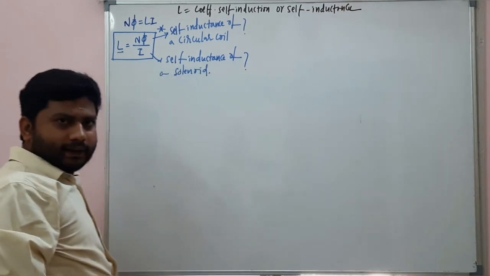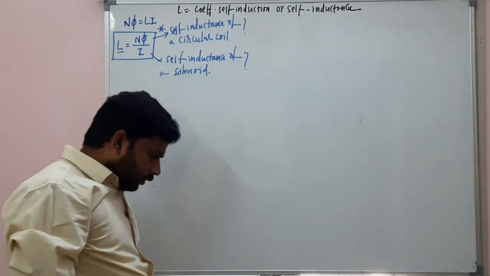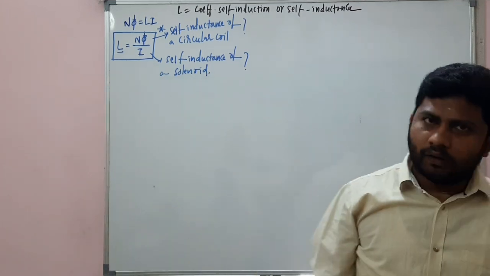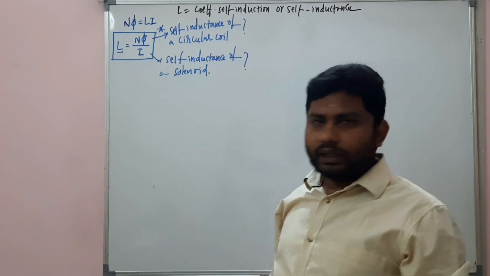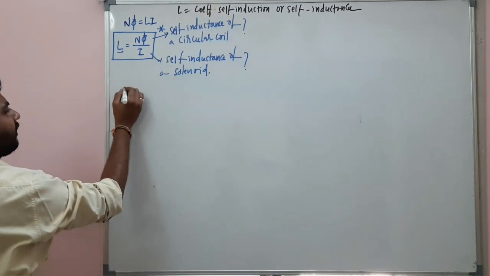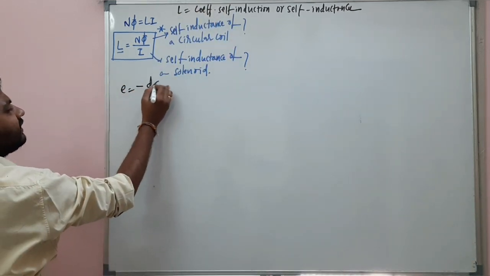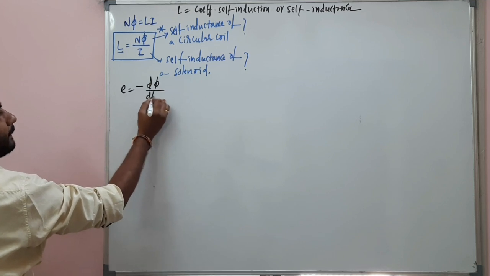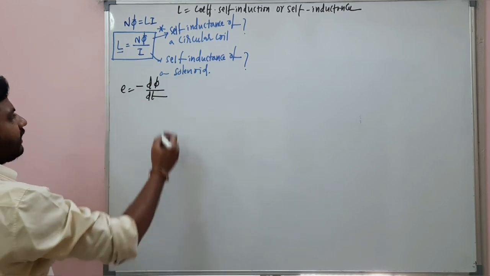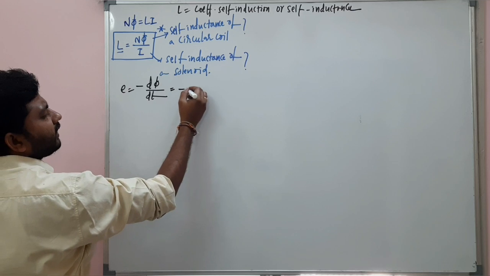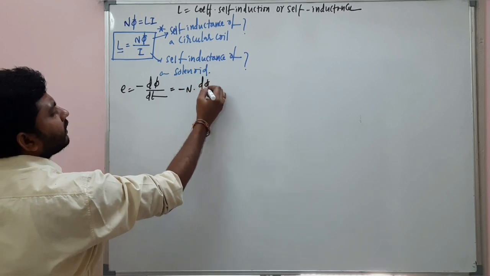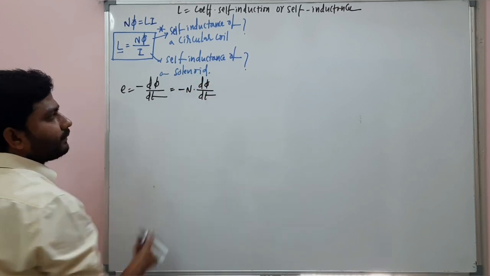Now, look at this. We already know induced EMF is equal to minus d phi by dt. If there are N number of turns, I can write minus N into d phi by dt.